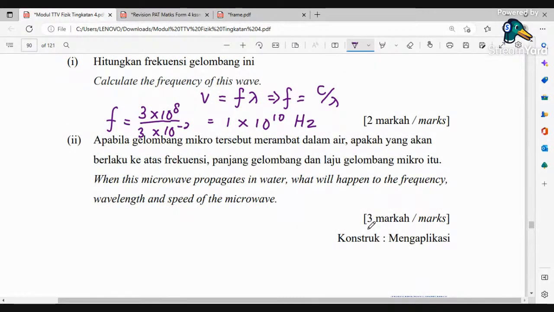Part 2, when this microwave propagates in water, what will happen to the frequency, wavelength and speed of microwave?